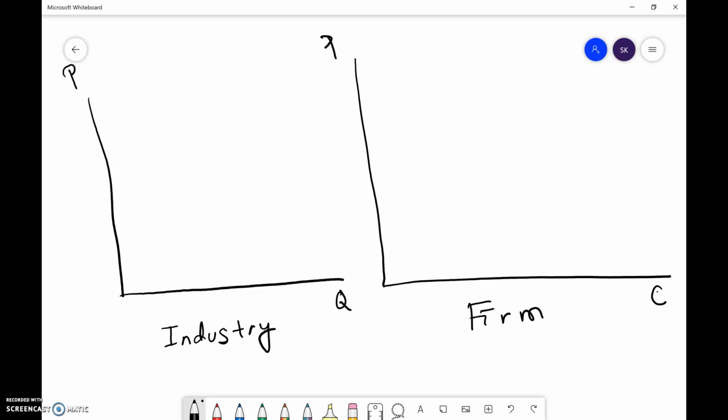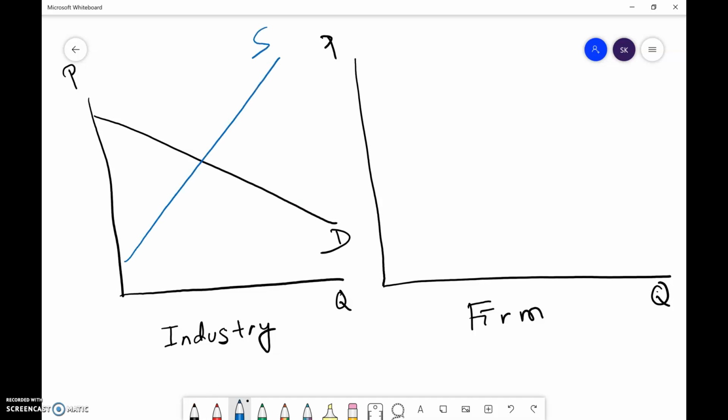I have the price on the vertical axis, the quantity on the horizontal axis. I have the demand curve for the industry, the supply curve for the industry, and these two are intersecting at an equilibrium price of $131.